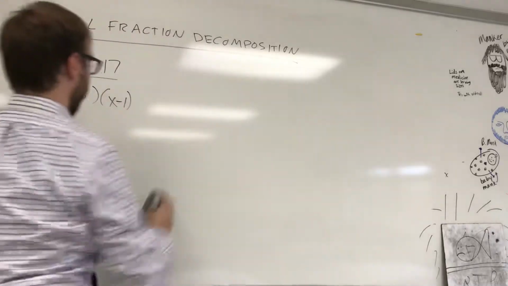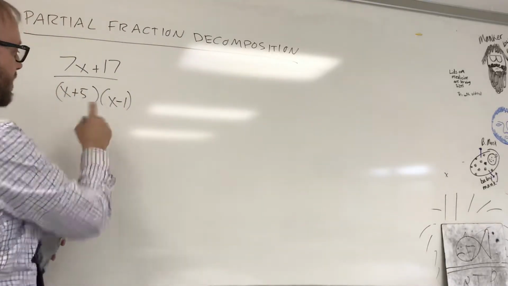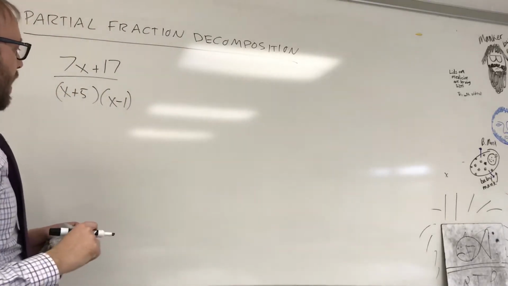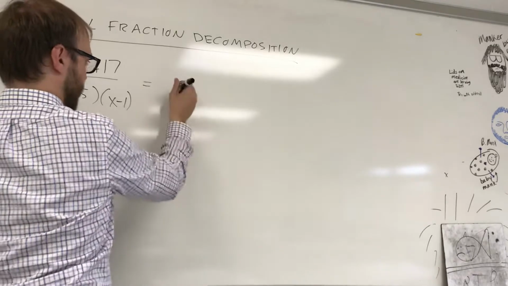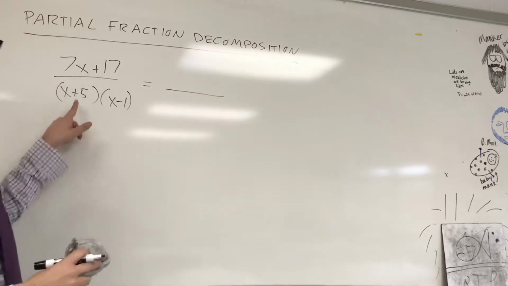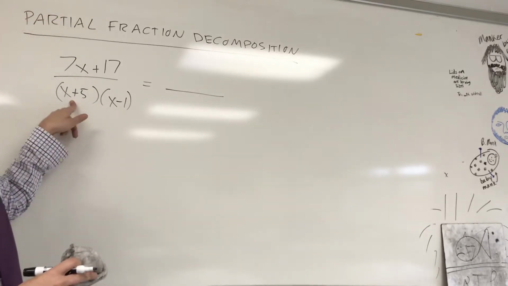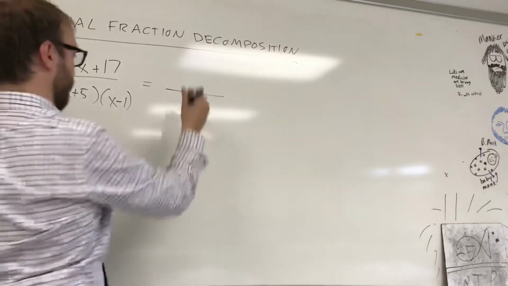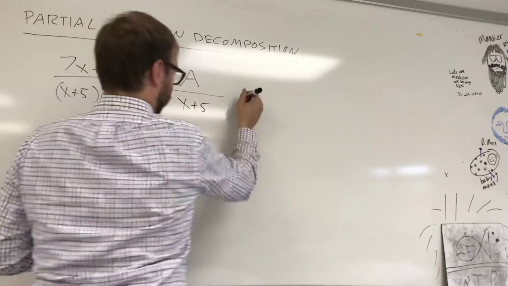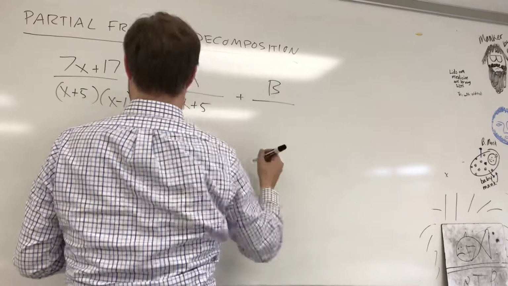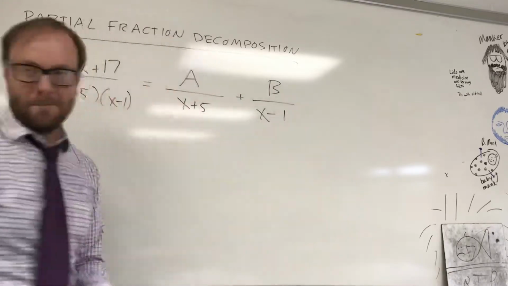Here's what we're going to be doing. If you look at this factorization, I've got the quantity x plus 5 times the quantity x minus 1. We're going to break this up into two separate fractions using each of these as the denominators. So I'm going to break it up into something over x plus 5 plus something over x minus 1.